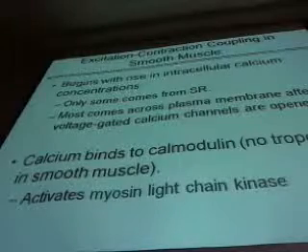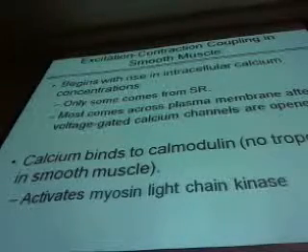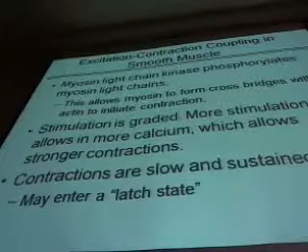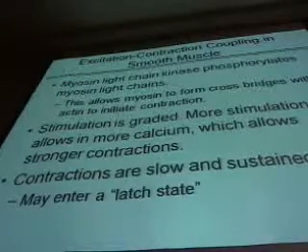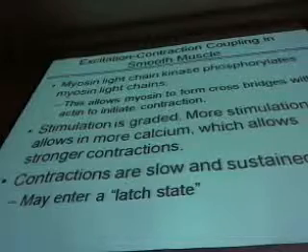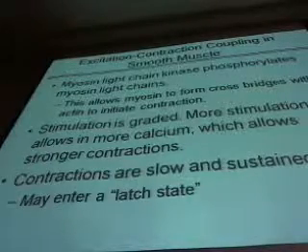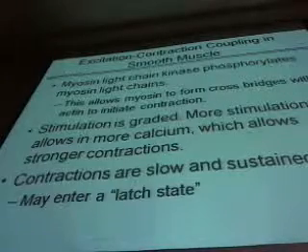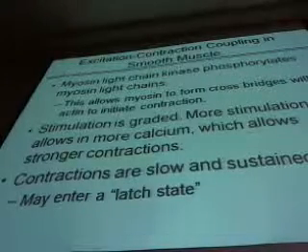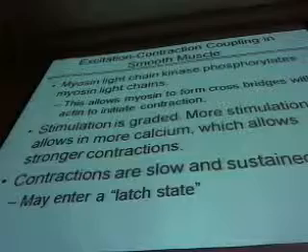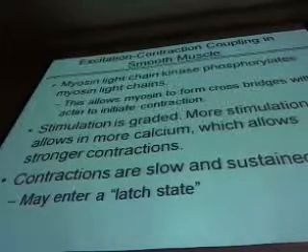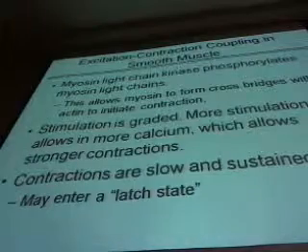And then that activates a myosin light chain kinase, which phosphorylates myosin light chains. And this allows the myosin to form its cross bridges and have a power stroke. The thing about smooth muscle as opposed to skeletal muscle: once the skeletal muscle starts going, that muscle fiber is contracting.